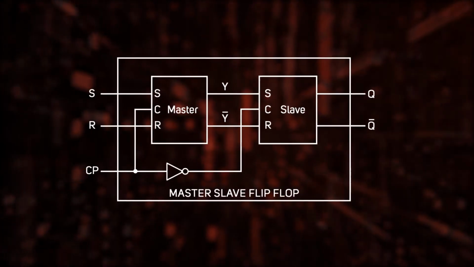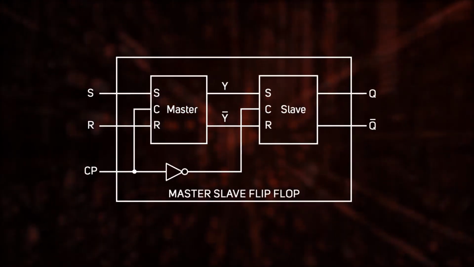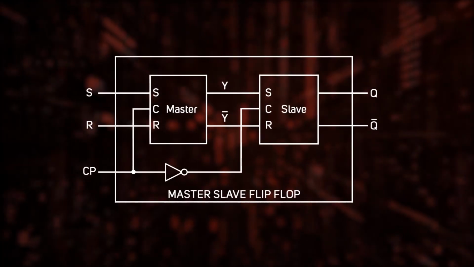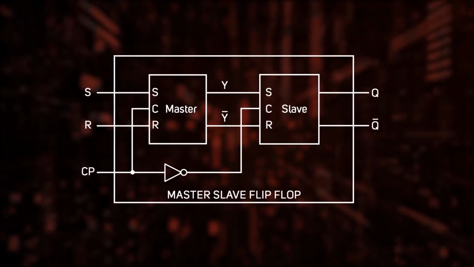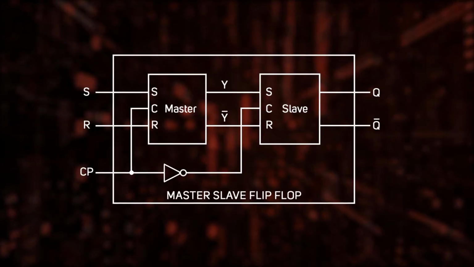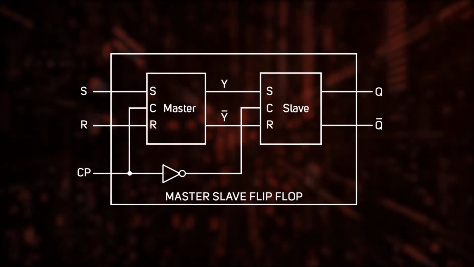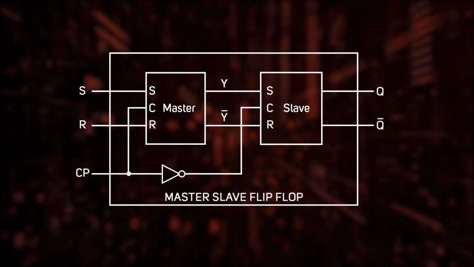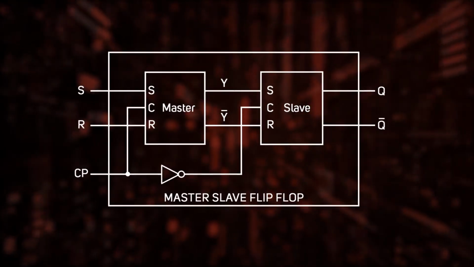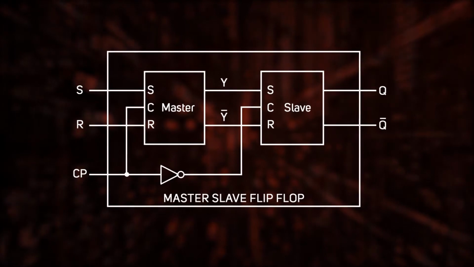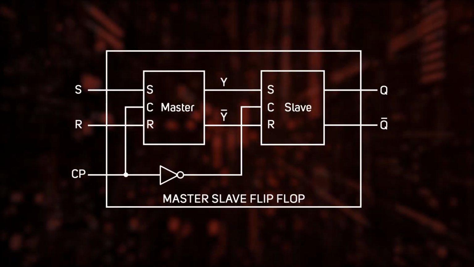Moreover, note that the output of the master flip-flop is fed as the input to the slave flip-flop. At one glance, you can make out that both the flip-flops will not get triggered at the same time, since the same clock pulse is not supplied to the flip-flops. Rather, they receive the complements.